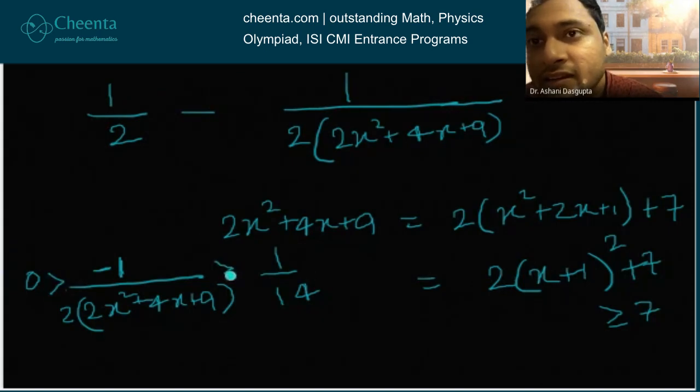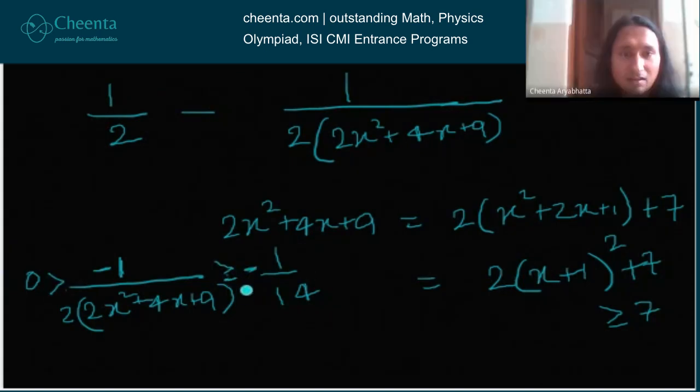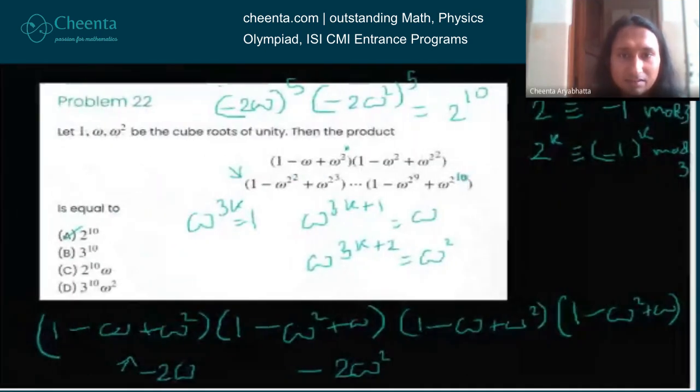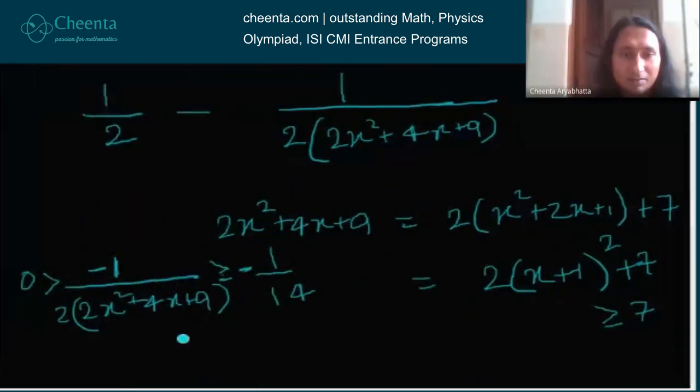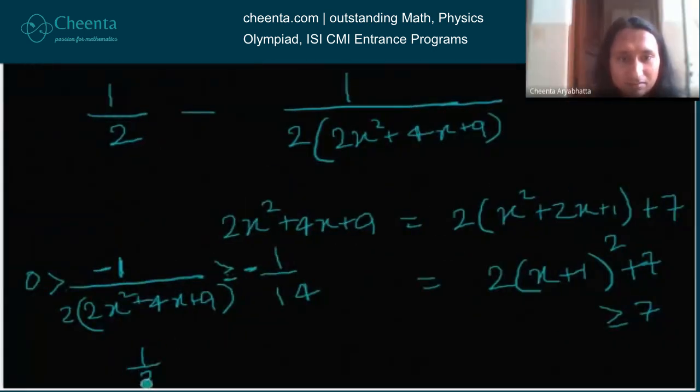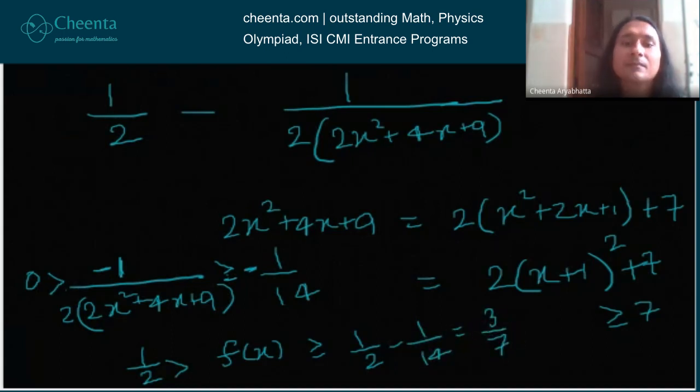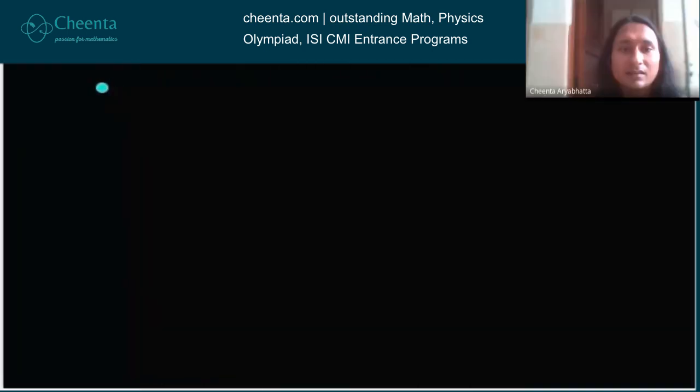And then we add a half. That thing is called f of x. That means half is greater than f of x, which is greater than or equal to half minus 1 by 14, which is 3 by 7.